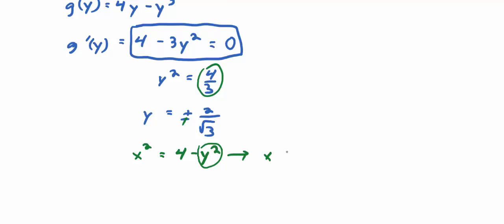So x squared is equal to 4 minus 4/3, which I think is 8/3. And if you take the square root, you would get plus or minus square root of 8/3 for x, but again, we're not going to look at the negative root because it's not on that quarter circle boundary, is it?